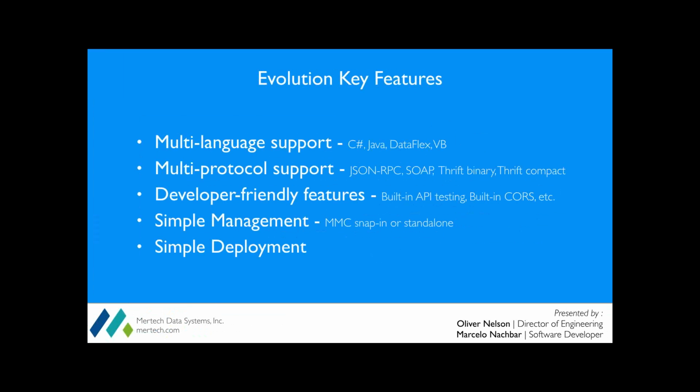CORS is cross-origin resource sharing. Basically, when you're developing a web application where an API may be on a different domain than the application itself, one of the things that causes developers a lot of trouble is a protection in the browser that prevents calling APIs outside of your domain.